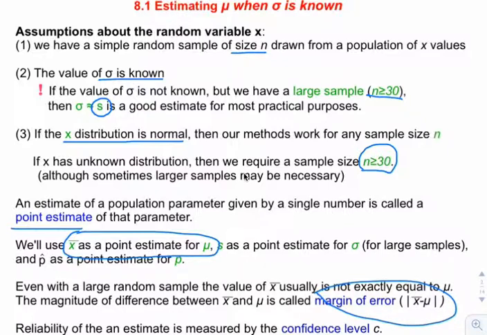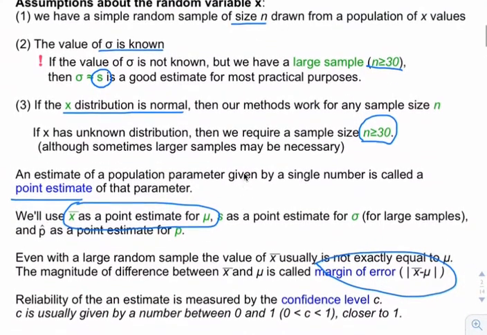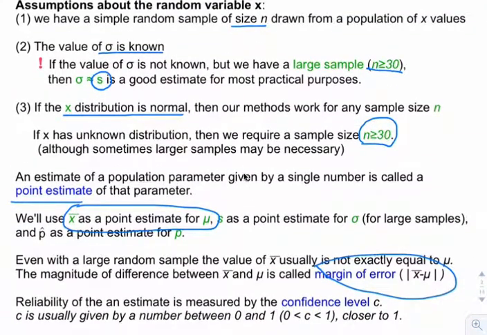The difference between what we measure, X bar, and the theoretical value of the population parameter is called our margin of error. And how sure we are of our answer is going to be our confidence level, and we're going to call that C. If you're very confident, C is going to be bigger. If you're not so confident, C is going to be smaller.